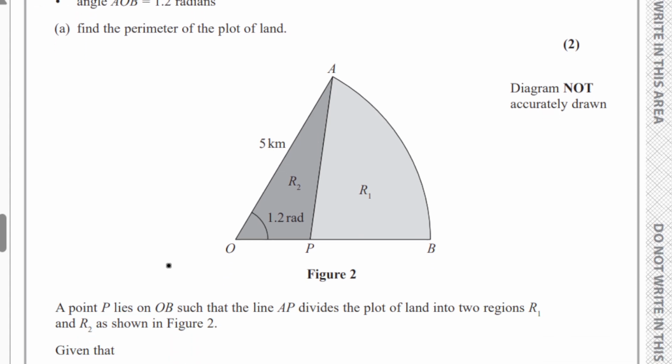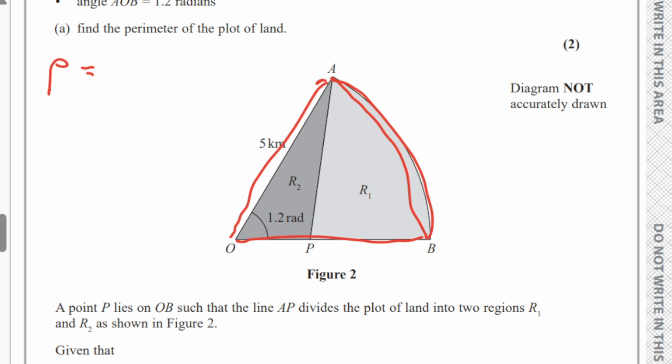The perimeter is the length of this arc here plus the length of this plus the length of that. So the perimeter is equal to 5 plus 5 plus this length.